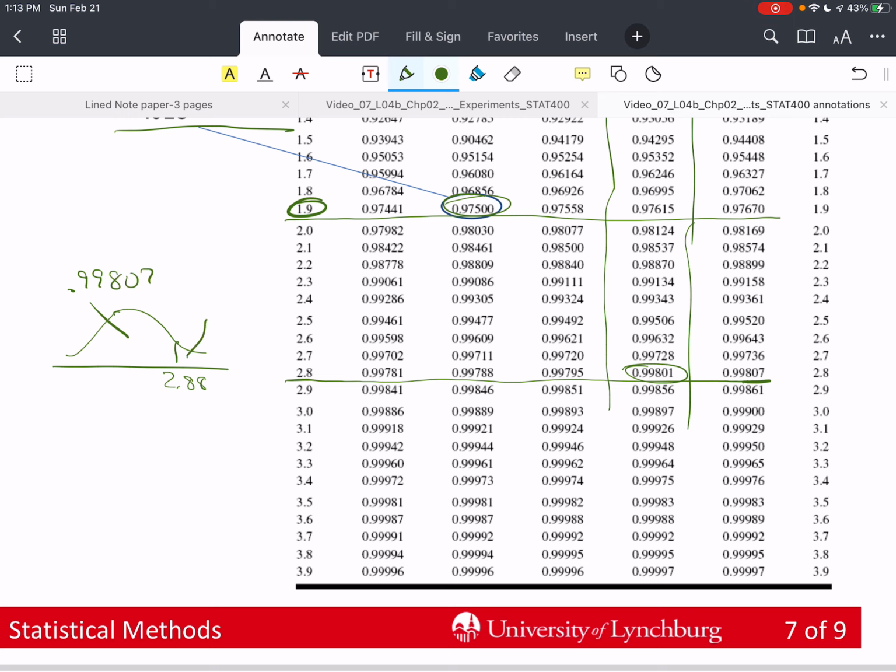So this area is 1 minus 0.99801. I'm sorry, I was looking at the wrong number, not the number I circled. So the circled 99801, which is 0.00199.